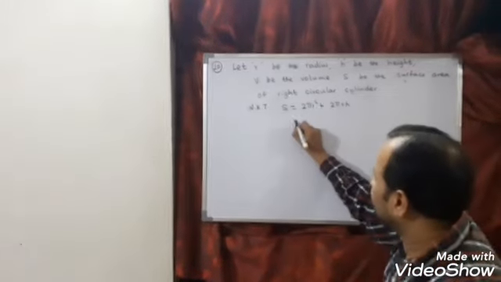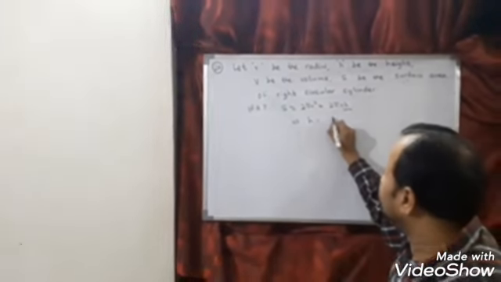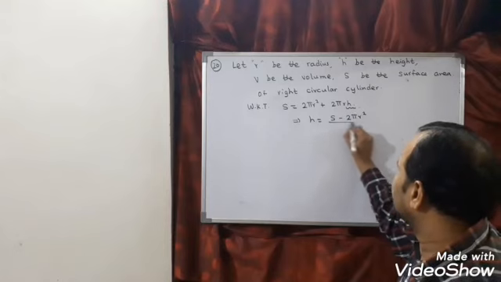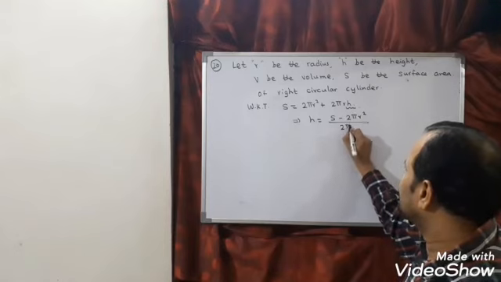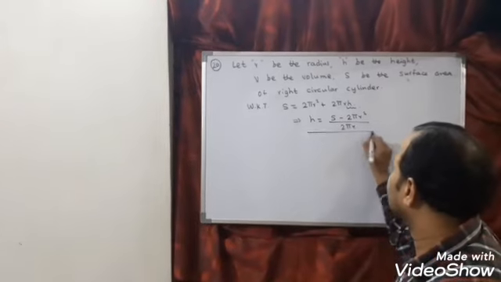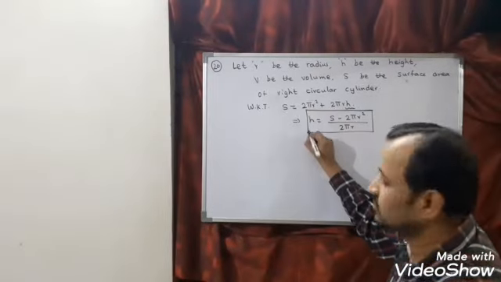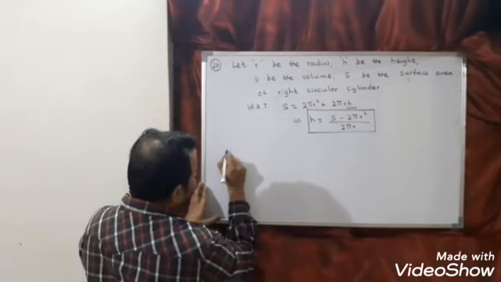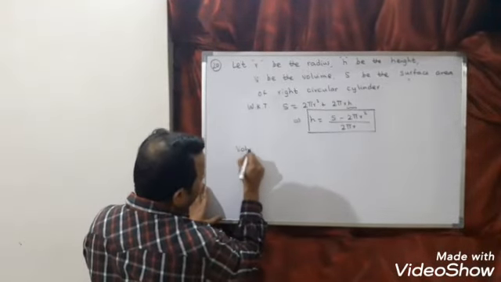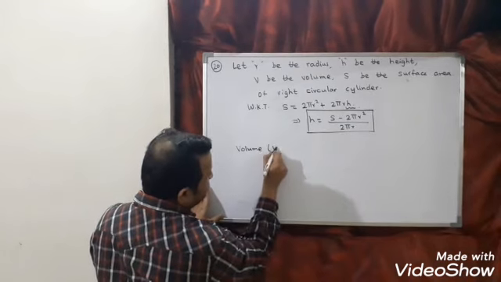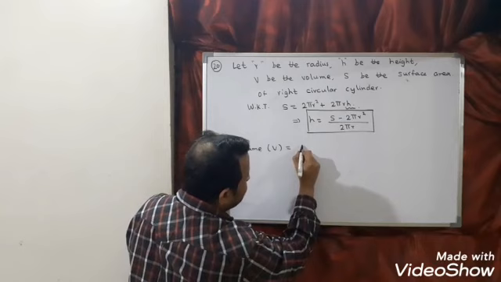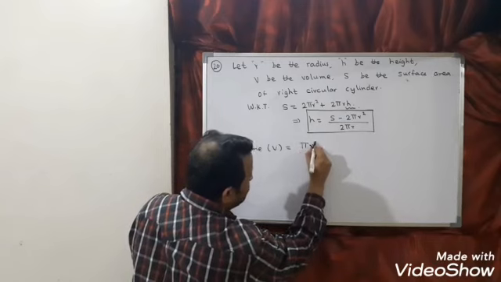So tell me from this what is height? h is equal to, so this h we can write as S minus 2 pi r square divided by, here I can say, 2 pi r. So h value is given by this. Question is maximum volume. So here I can say volume V is equal to, so what is the formula to find volume of right circular cylinder? It is nothing but pi r square h.